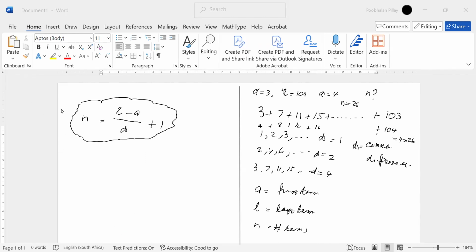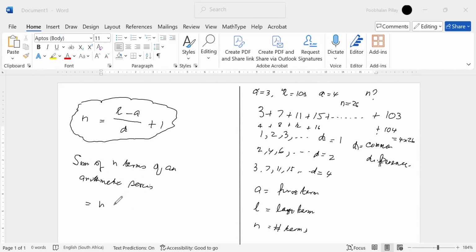The formula is sum of n terms of an arithmetic sequence. When you're adding, you don't say sequence, you say series, because you're making a sum.